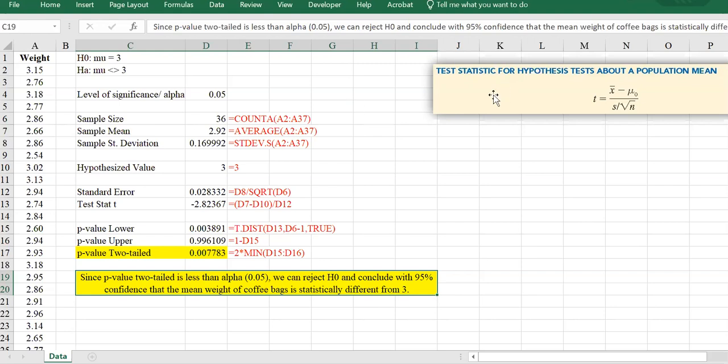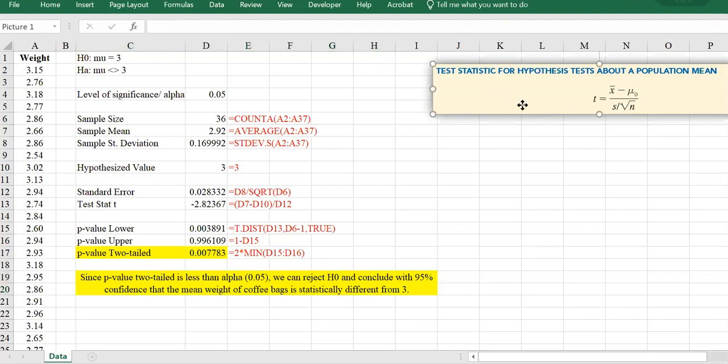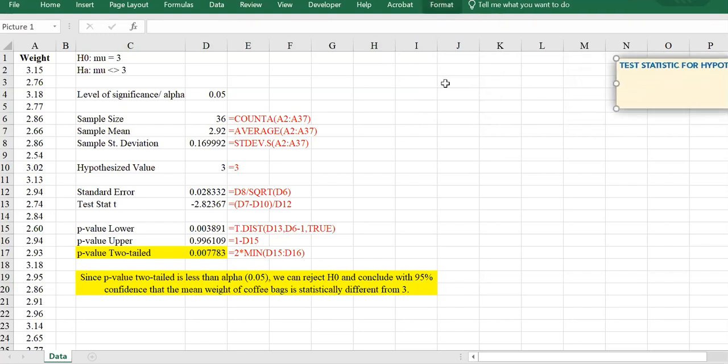Now, before we wrap this video up, I'd like to ask you, instead of this hypothesis set, what if we had a one-tailed type of test, where the null hypothesis is mu less than or equal to 3, and the alternative hypothesis is mu strictly greater than 3?